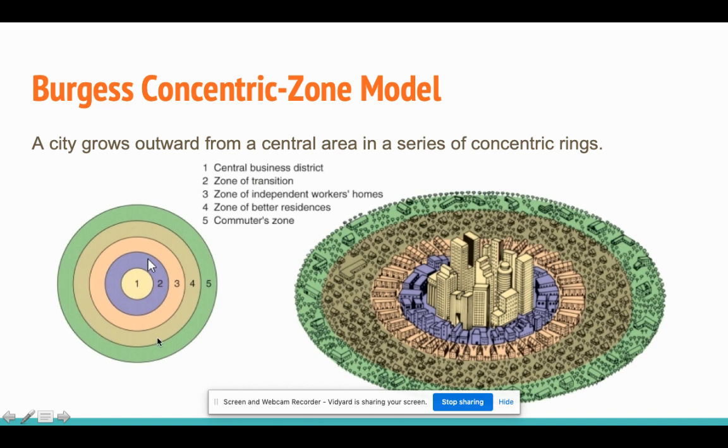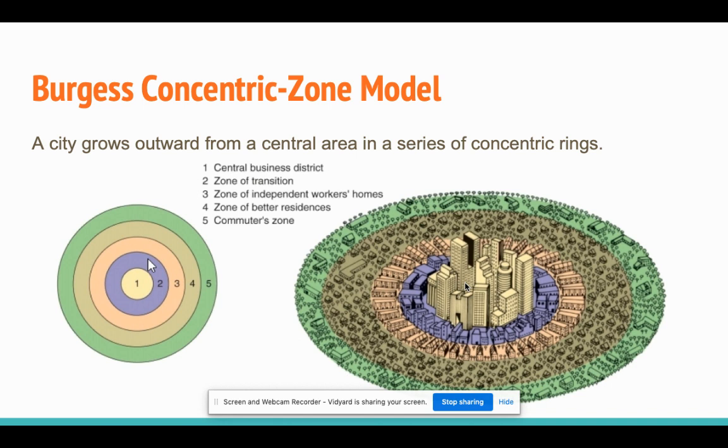Basically, these rings have developed around what's in the center. And in the center is a term very important to urban geography, and that's the central business district. A lot of times that could be a downtown area or an uptown area of a city. And according to Burgess, cities have grown around the central business district in a series of rings.